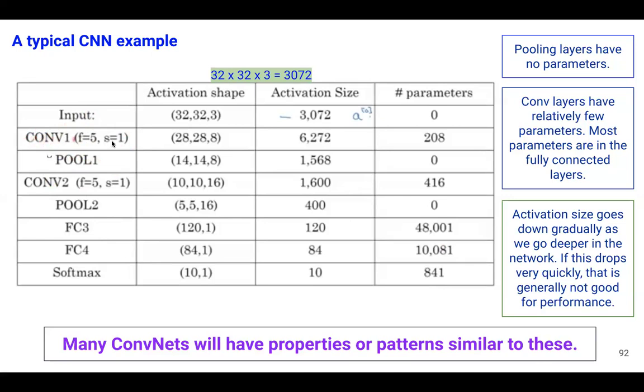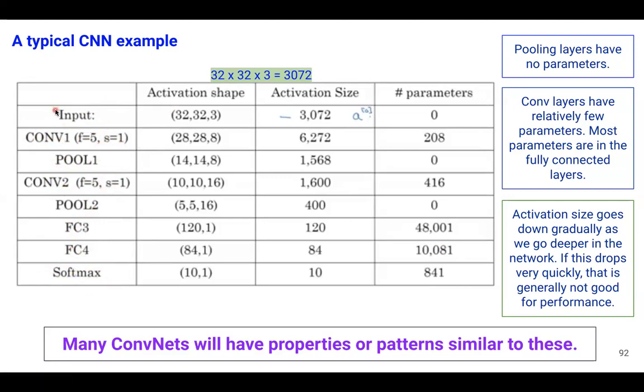You are doing a convolution operation with some filter size and some stride size. Then you are doing a pooling, then again a convolution, again a pooling. Then you have a fully connected layer after flattening, and then another fully connected layer, and then your final layer, which is also called softmax if you are doing multi-class classification.